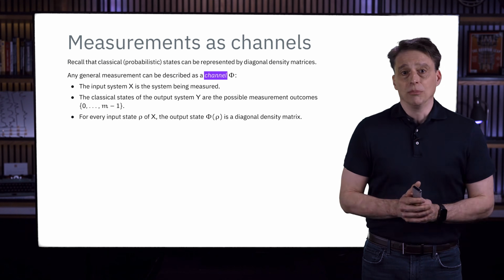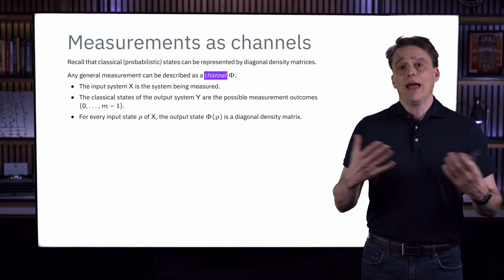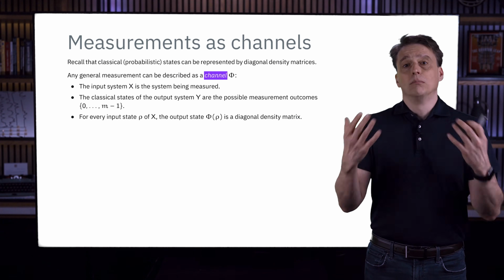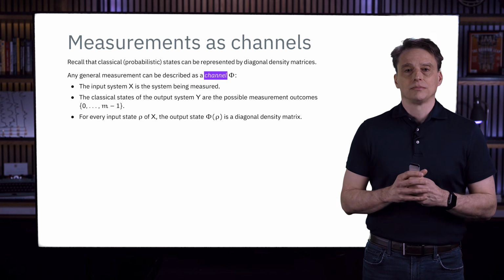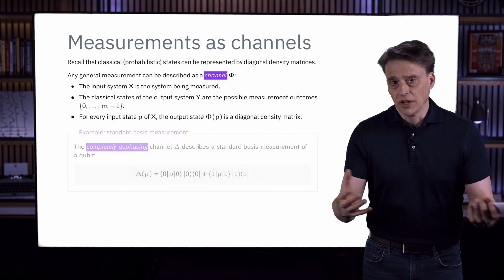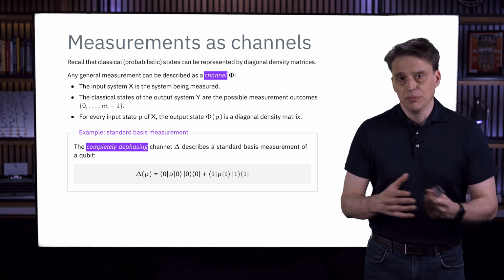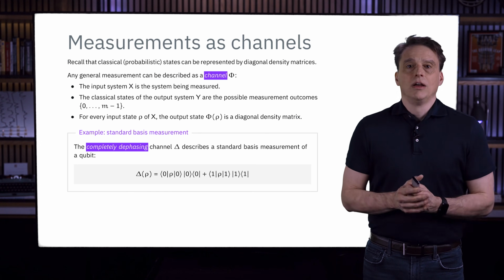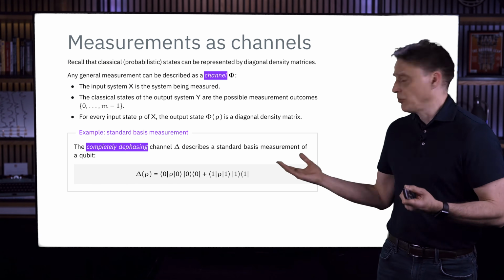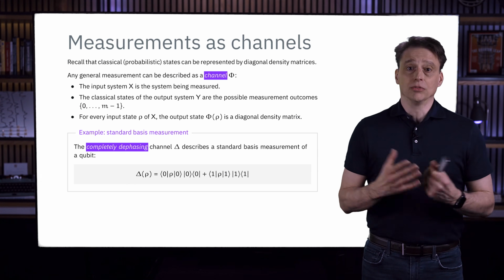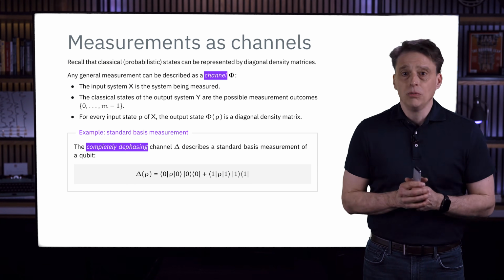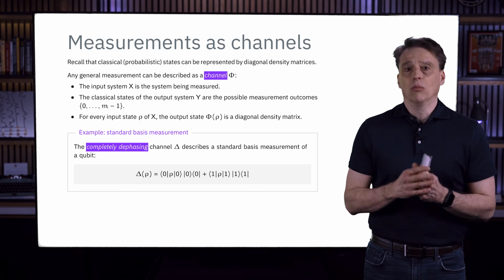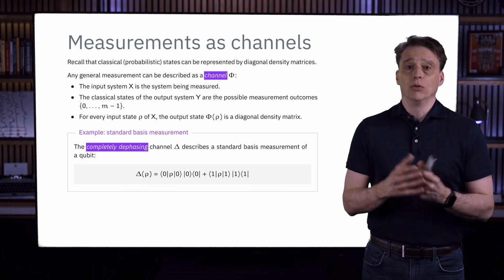Because measurement outcomes are classical, we require that for every input density matrix ρ for the system X, the output Φ(ρ) must be a diagonal density matrix. For example, if we think about a standard basis measurement of a qubit, and we think about that measurement as being described by a channel, we can express it as we have here on the screen. If the input density matrix is ρ, then we'll get the outcome 0 with probability equal to bra 0, ρ, ket 0, and we'll get the outcome 1 with probability bra 1, ρ, ket 1.